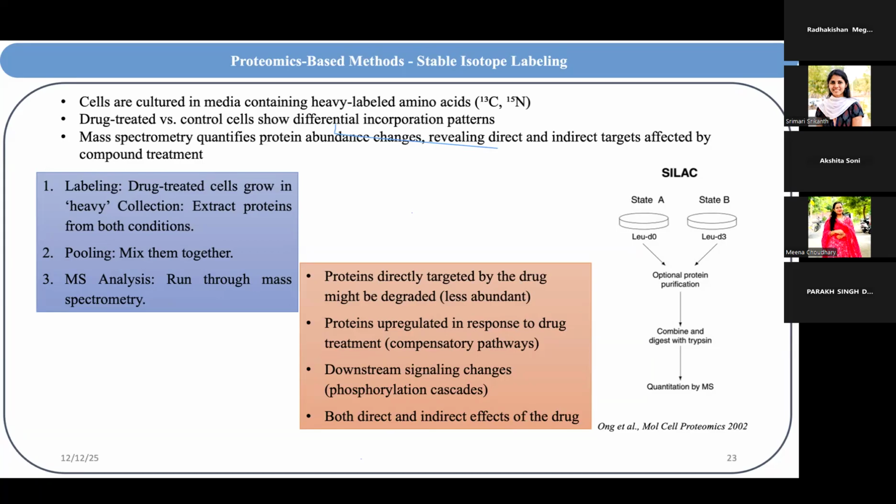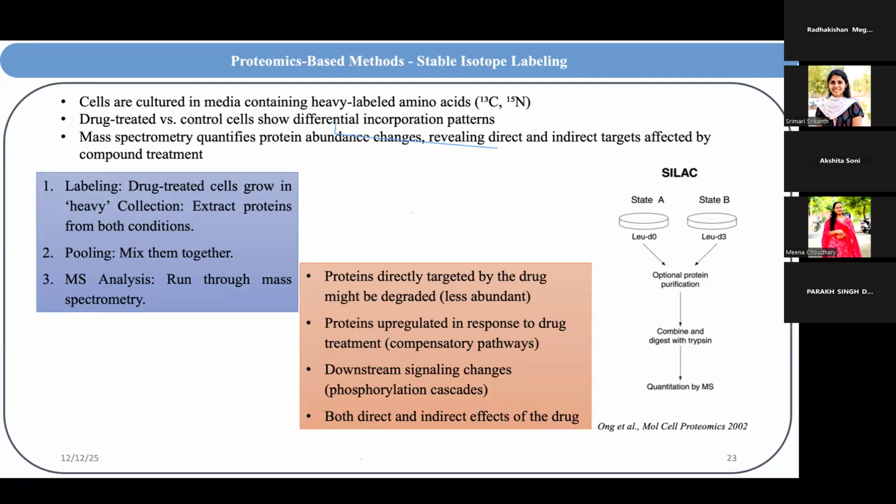We culture each in media with heavily labeled amino acids, isotopes but not radioactive. When the cells incorporate these amino acids into proteins, the proteins become slightly heavier. The workflow includes labeling, collection, pooling, and mass spectrometry analysis. The drug treated cells grow in the heavy medium and control cells grow in the light medium. Then we extract the proteins from both conditions, pool them, and run them through the mass spectrometry.